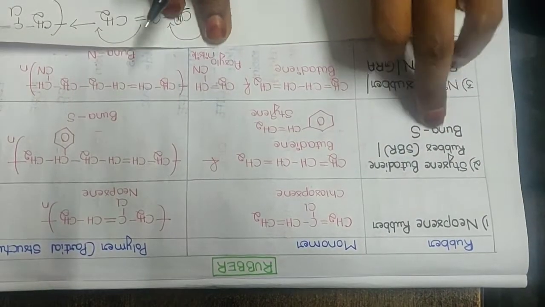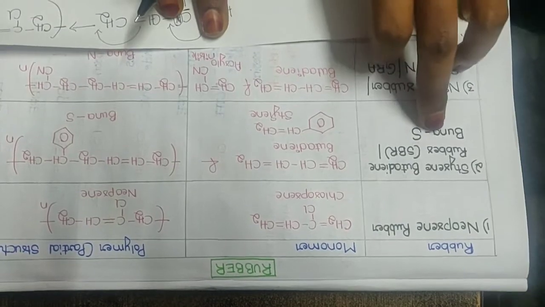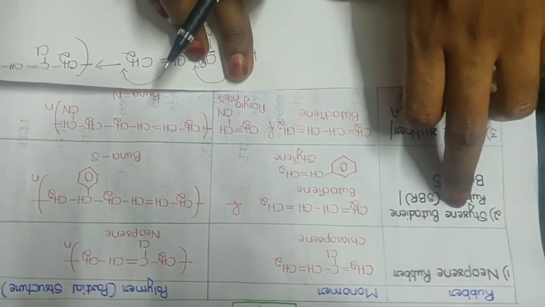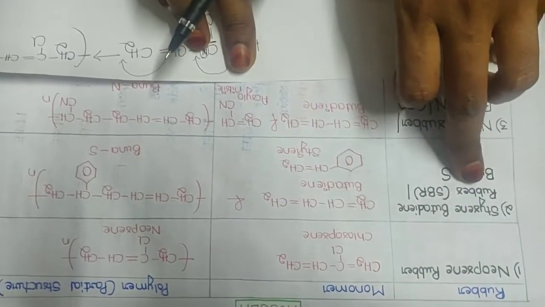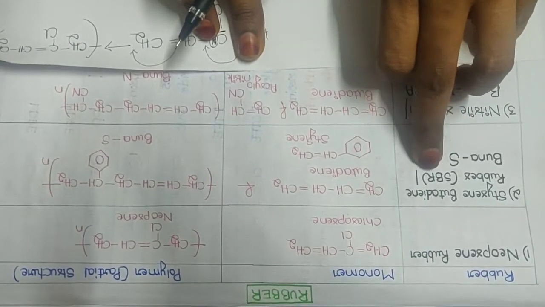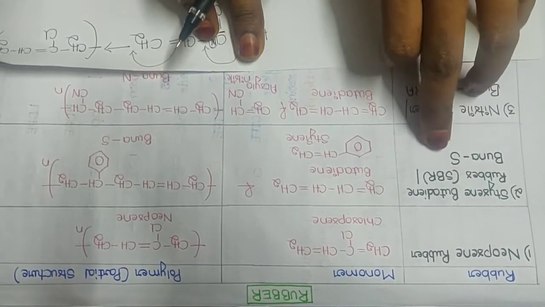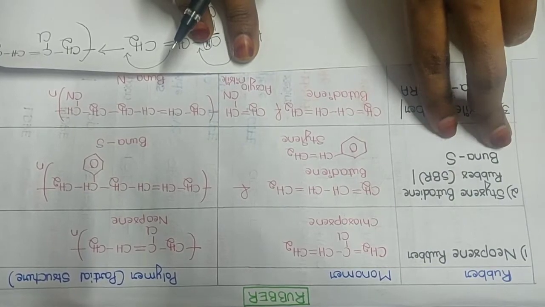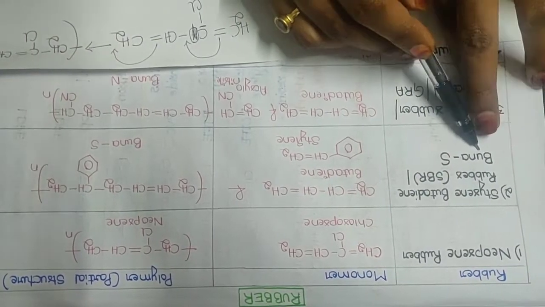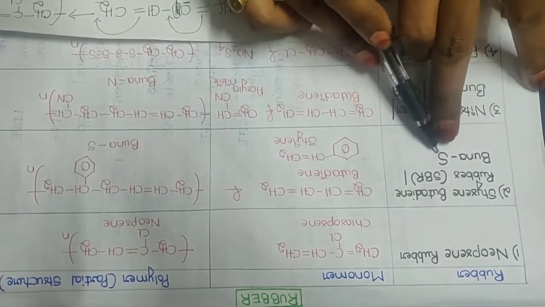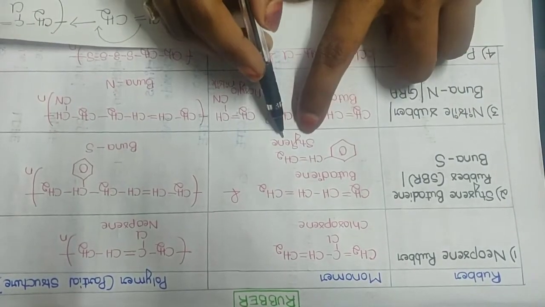Okay, so the second one is Buna S. Buna S is also called styrene butadiene rubber, which can be written as SBR. In case of Buna S, there are 2 monomers, where Bu stands for butadiene and S stands for styrene.